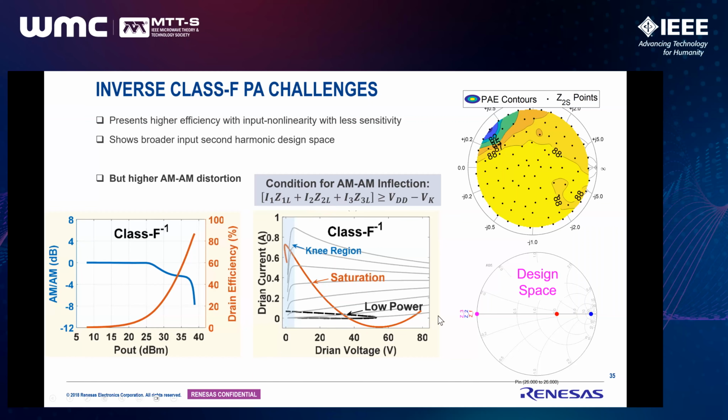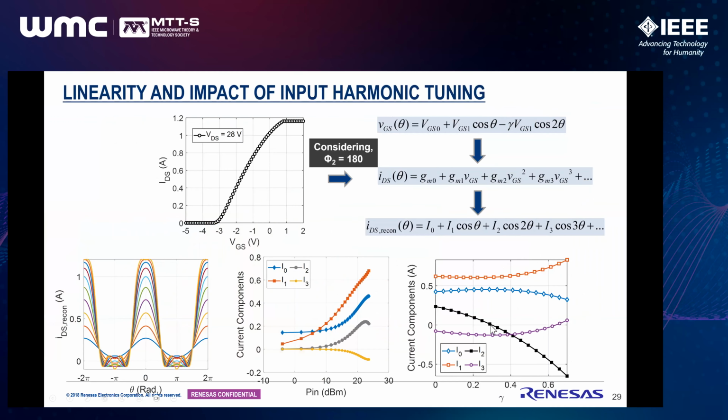At some point, we can even make it negative. So instead of reaching the knee region at very low power, it can deliver more fundamental voltage component. That way it can improve the power density of the device.